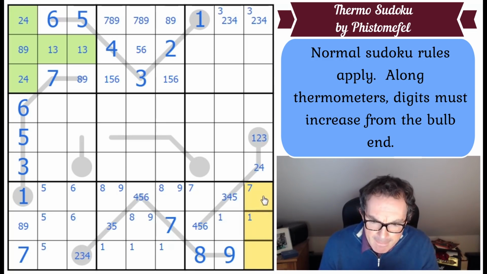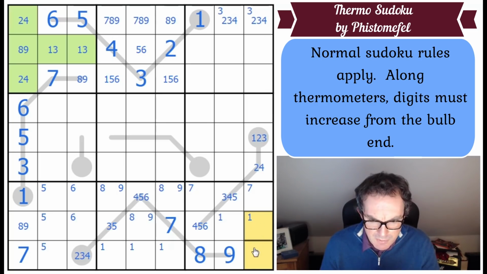So if this was a 4, this thermometer would be 1, 2, 3, 4, and then these 3 squares could not be 1, 2, 3, or 4, or 8 or 9. So they'd have to be 5, 6, and 7. The 7 would have to go there, and this would be a 5, 6 pair.